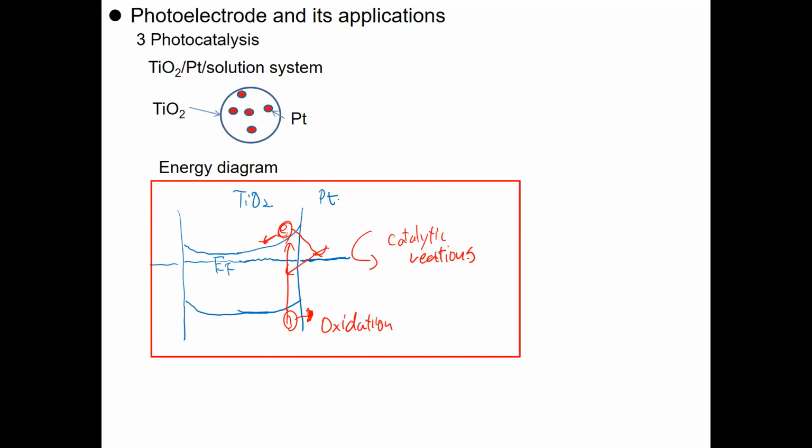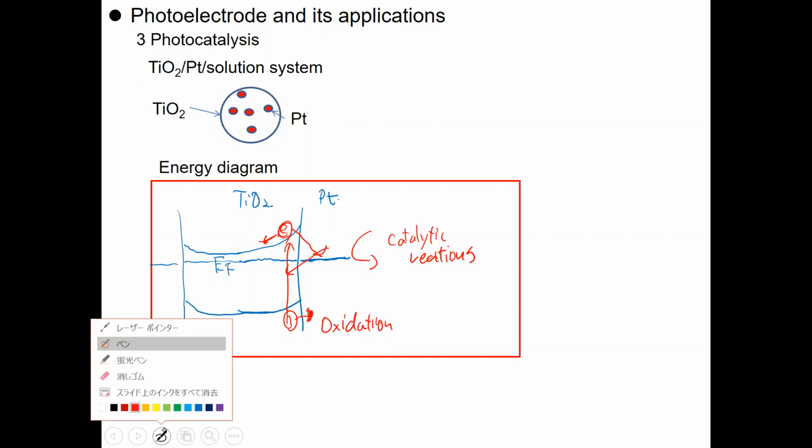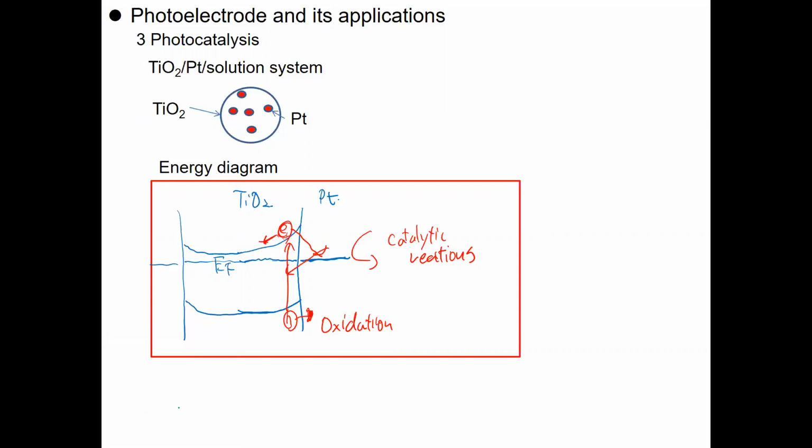But the only thing I can mention for importance is that this hole and this electron must be separated. Otherwise, once the electron and the holes come together, both are lost, which is called recombination. And then no reaction could happen.